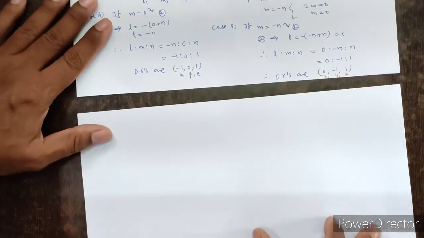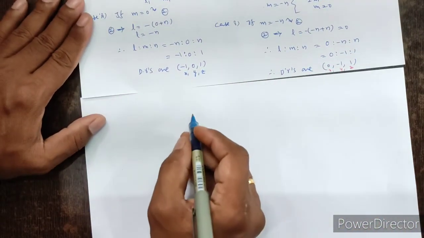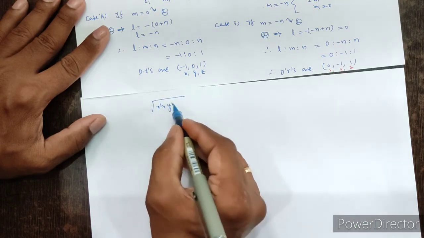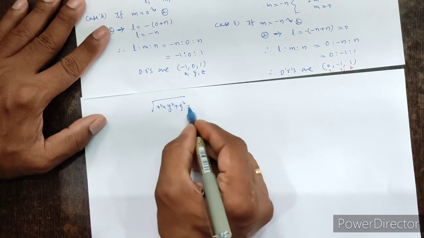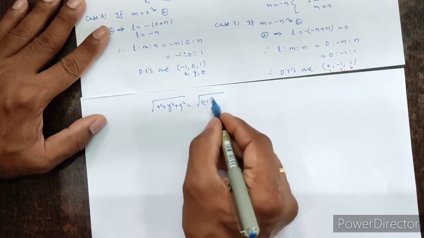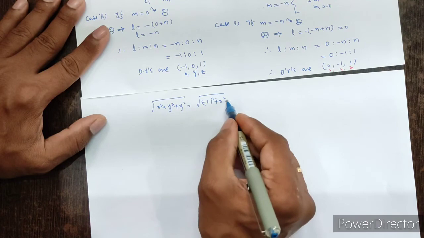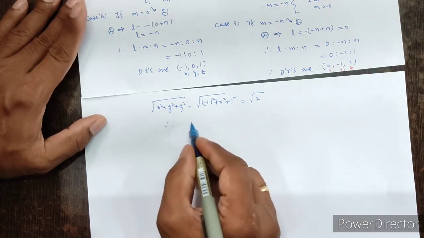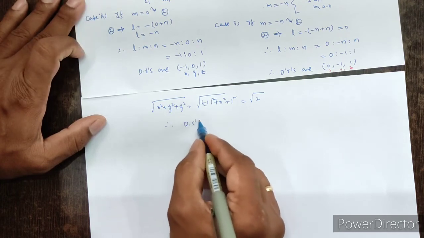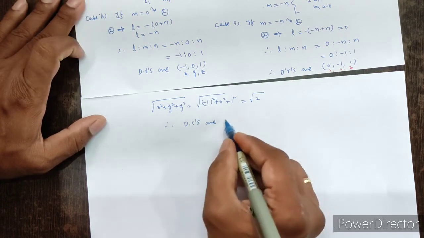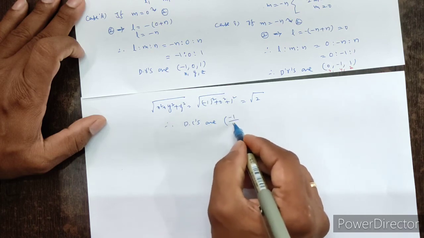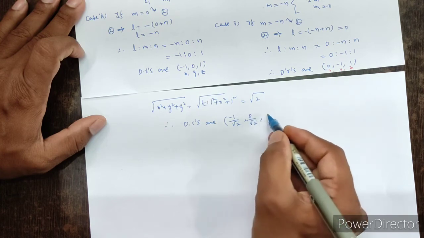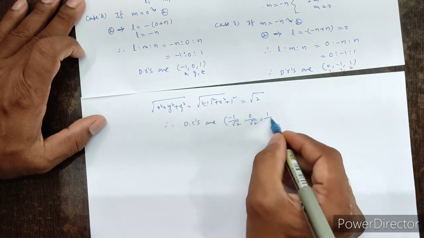Here, first find root of x square plus y square plus z square, that is root of minus 1 whole square plus 0 square plus 1 square, that equal to root 2. Therefore the direction cosines of the second line are minus 1 by root 2, 0 by root 2, 1 by root 2.